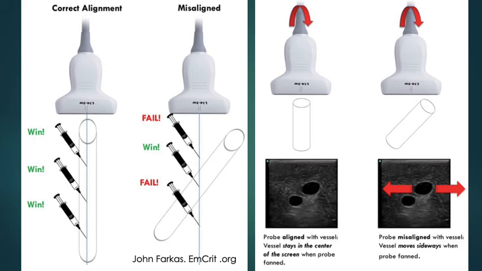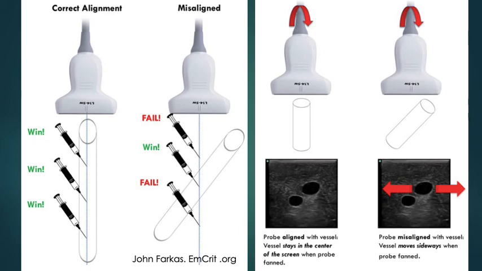And when you see it in the middle, you think, oh yes, I'm going to enter this correctly. But as you move towards it with your needle, you've actually gone off to the side because the vein's gone on a different angle.